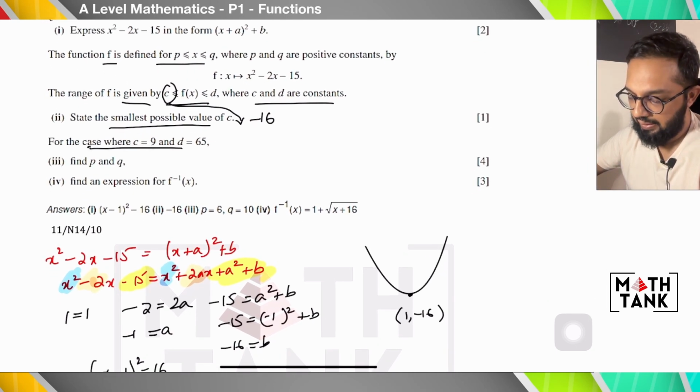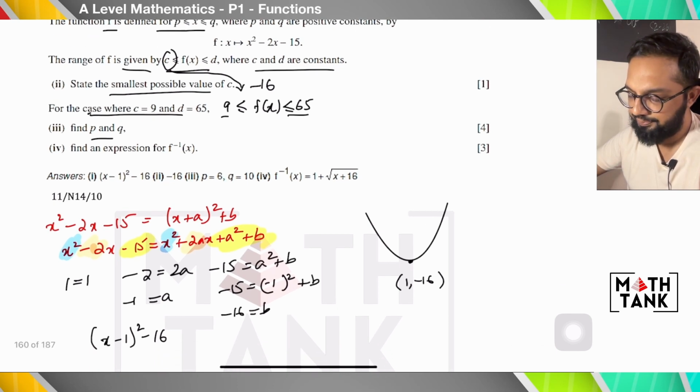For the case where c is 9 and d is 65, this curve is going from 9 to 65. So it's starting after the turning point or something like that. I will have to calculate. So the range is from 9 to 65. Find p and q.